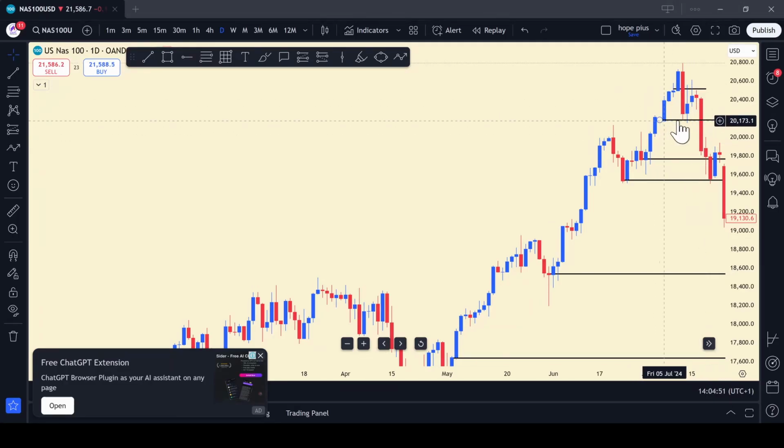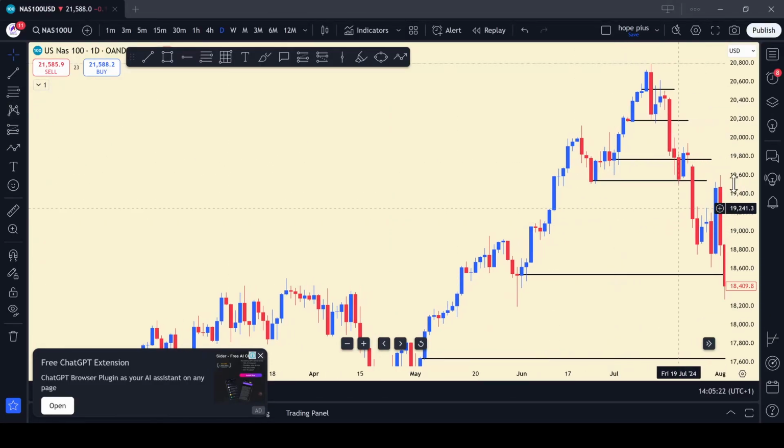So when this gets broken, you should know that the next place it is going to go will be this level. As you can see, a long candle came in, long wick, rejected. Are we not supposed to go higher? Yes. But the next candle broke that level. That means price wants to get to this level. It got to that level, pushed higher.